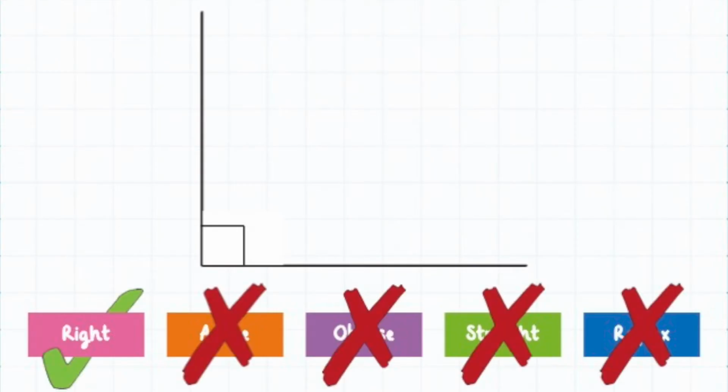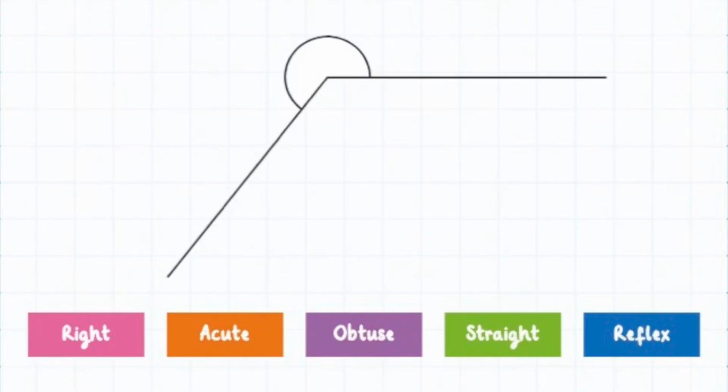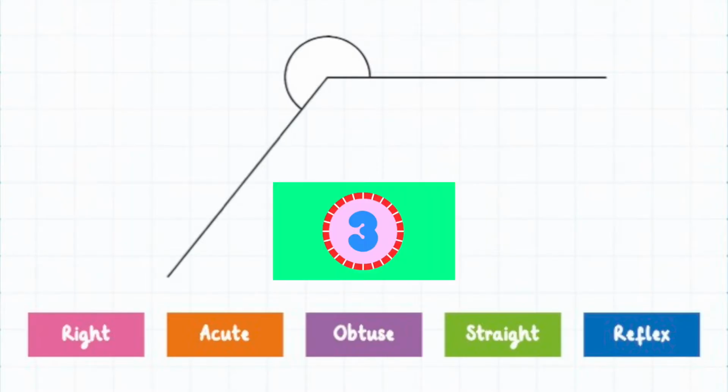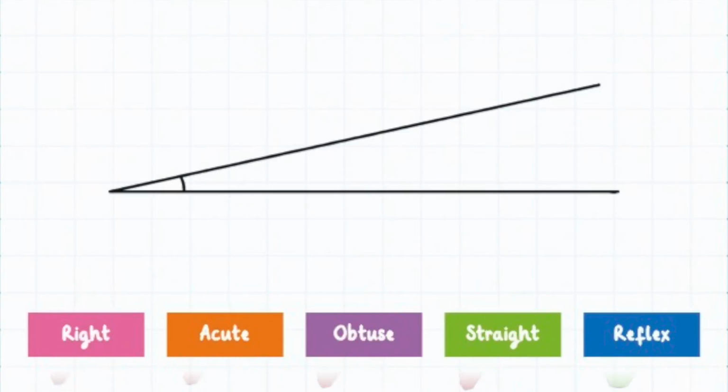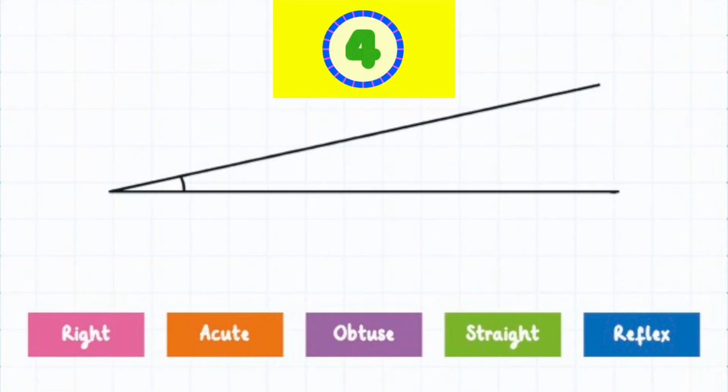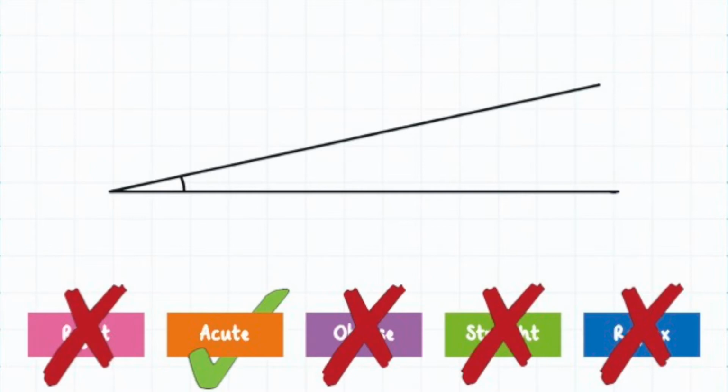This is a right angle. What kind of angle is this? This is a reflex angle. What kind of angle is this? This is an acute angle.